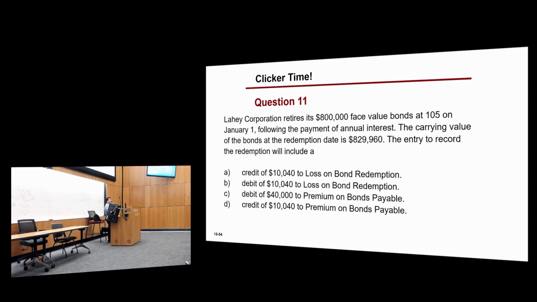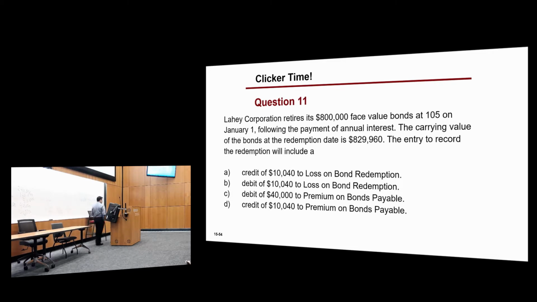I personally find it the most certain way of getting the answer correctly, because here it's not a complete journal entry that they are asking you. So in order to make sure that you got it right, write the journal entry itself.